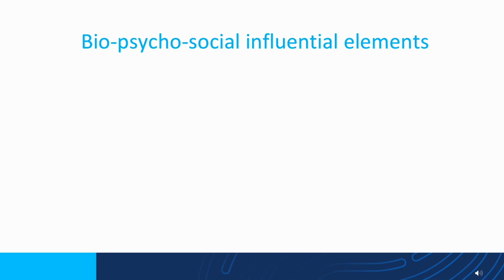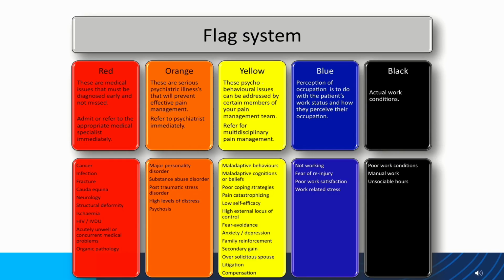This is something that a lot of GPs always ask me when I give lectures: what about the other influences, the psychosocial influences of chronic pain? Again, I'll bring your attention back to the flag system, and this is a nice way of thinking about it. What are the, not necessarily red flags, but what are the orange flags, what are the yellow flags? Think about those flags in terms of how they affect pain.